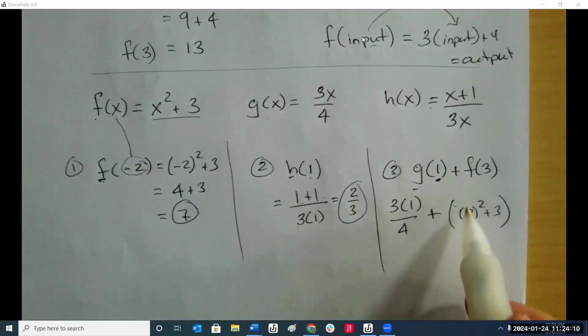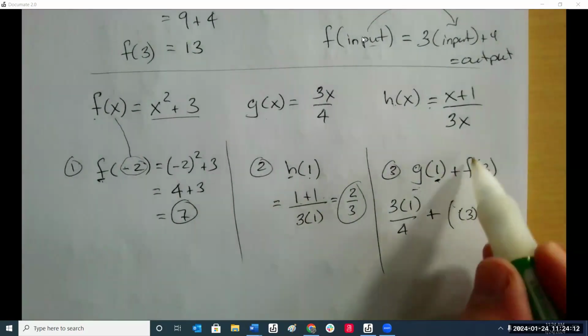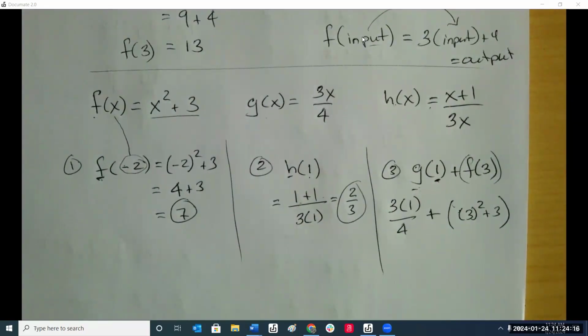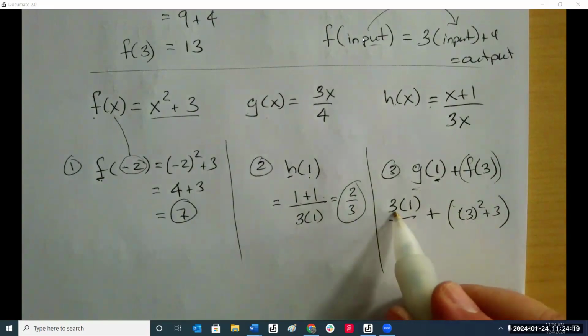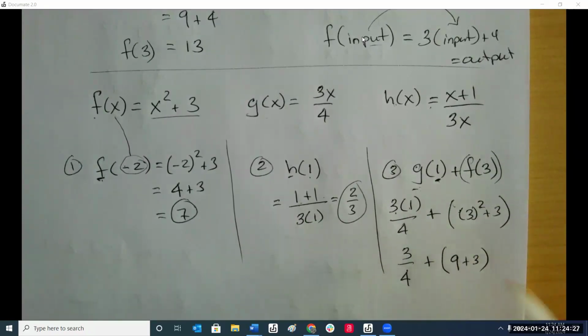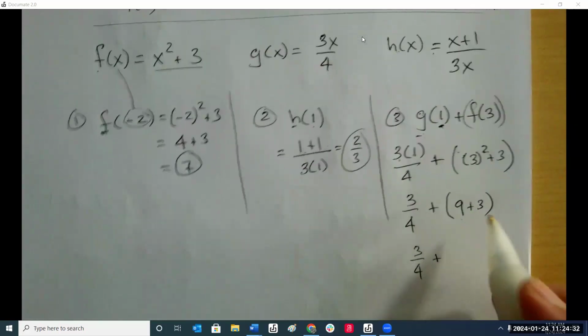It's always safe, whenever you have a function after another function, anything after a sign, to put the second one in parentheses, in case there's a sign change. 3 times 1 is 3 over 4. 3 squared is 9. 9 plus 3 is 12.